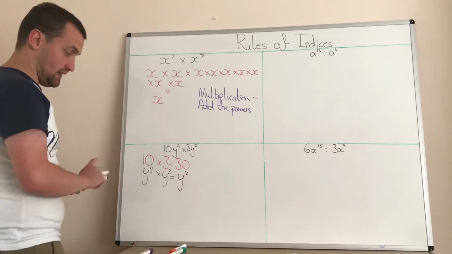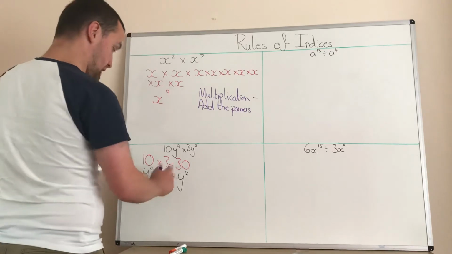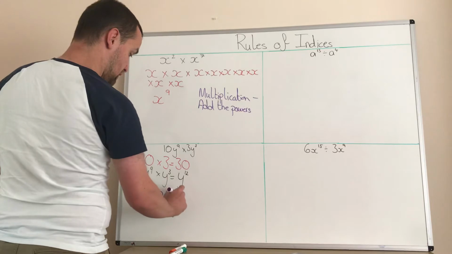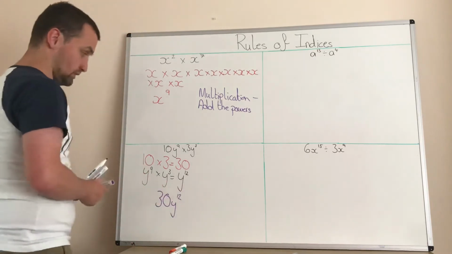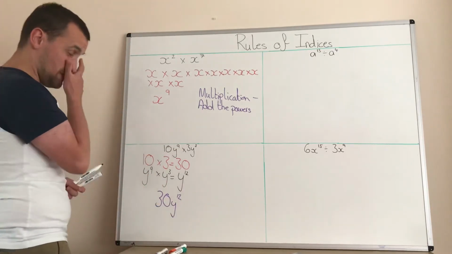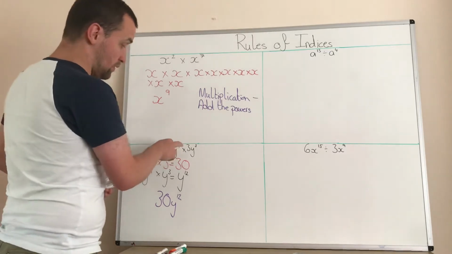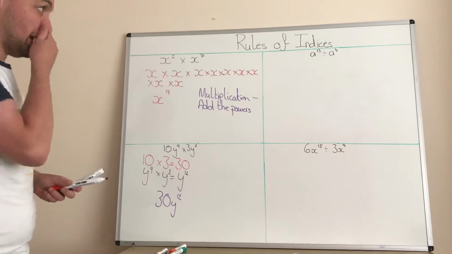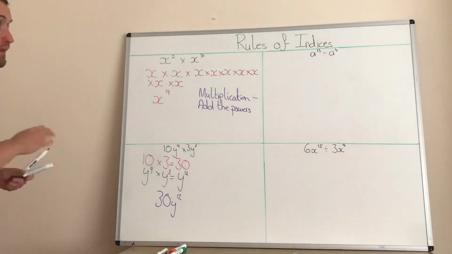We can't just leave it like that though, we need to put them back together. So what we get is 30 y to the power of 12. So we times the numbers together at the start, but we add the powers together when there's a multiplication sign in the middle. If you need to pause this and look back, by all means do that.